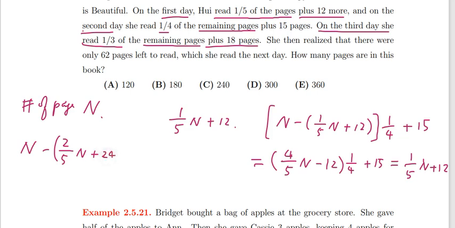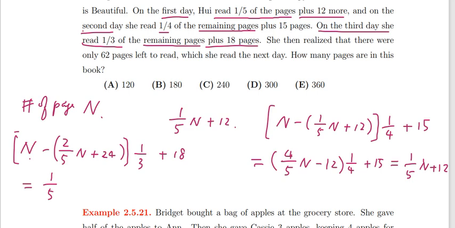So this is the remaining pages. Then the remaining pages multiplied by 1 over 3, plus 18. So this equals A minus 2/5 A, and 1 over 3 of that. So this is 3 over 5, so this is 1 over 5.